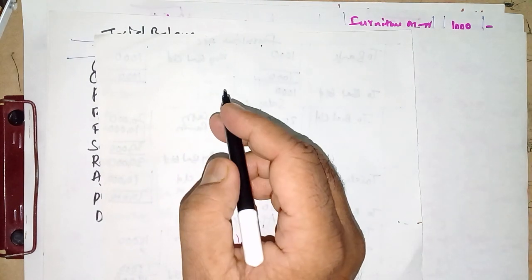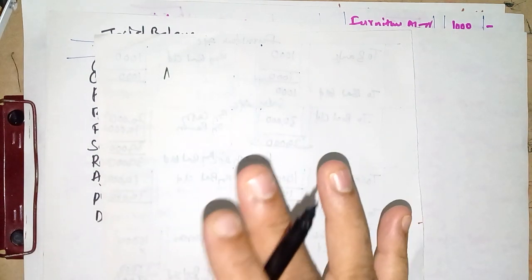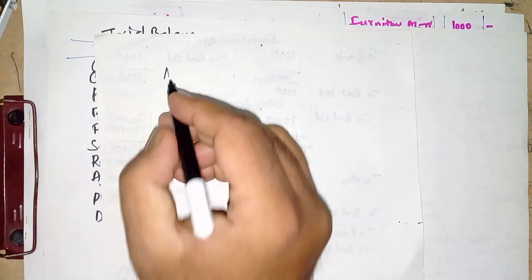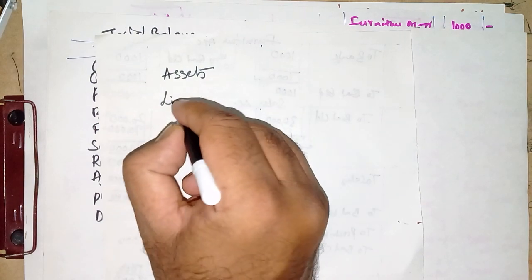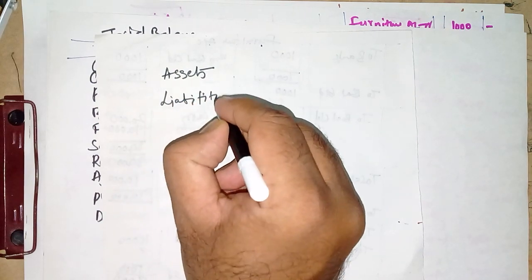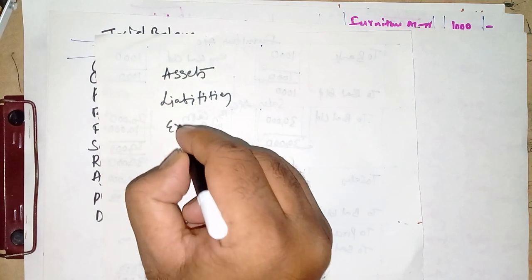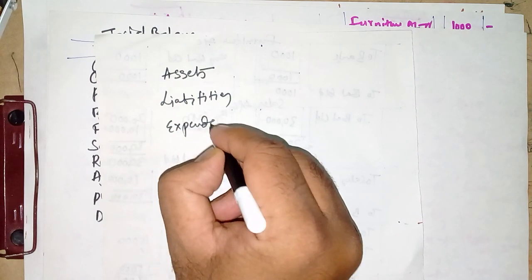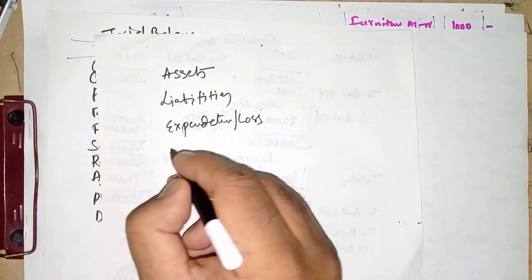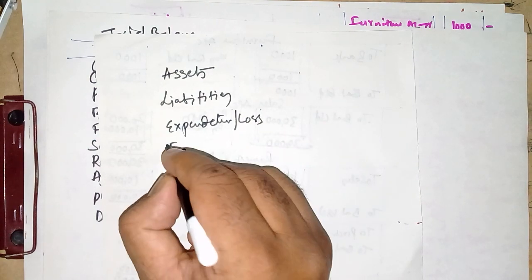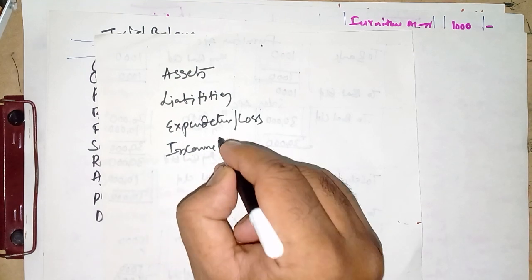Always bear in mind that these universal truths and facts of accounting are the same across the globe. We divide accounts into 4 types: one is assets, another is liabilities, another is expenditure or loss, and the fourth is income or gain.